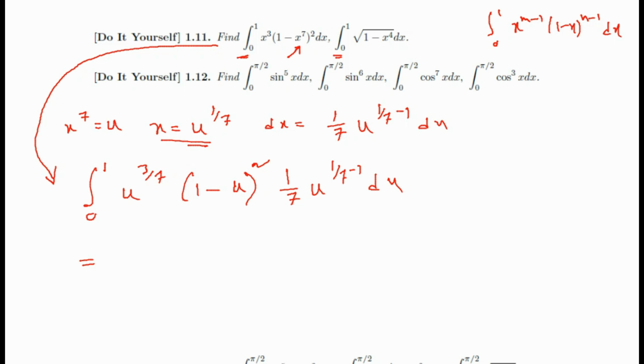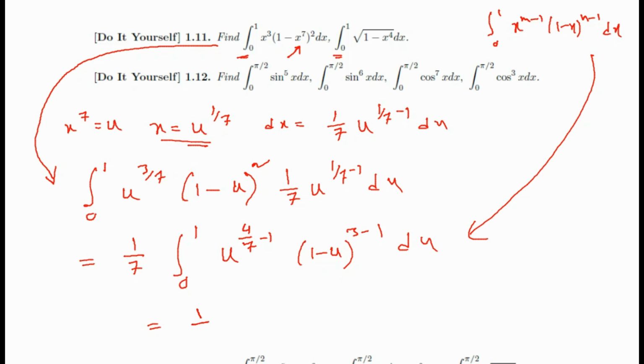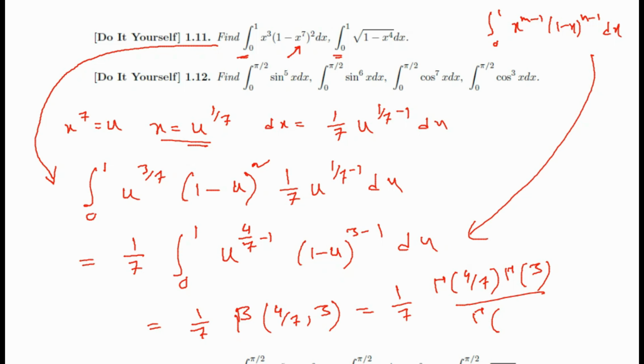Now we need to simplify that, so 1 by 7 integral from 0 to 1 of u to the power 4 by 7 minus 1 times (1 minus u) to the power 3 minus 1 du, and using that form you can write 1 by 7 beta(4 by 7, 3). Now you can simplify again: this is gamma 4 by 7 into gamma 3 by gamma(4 by 7 plus 3).